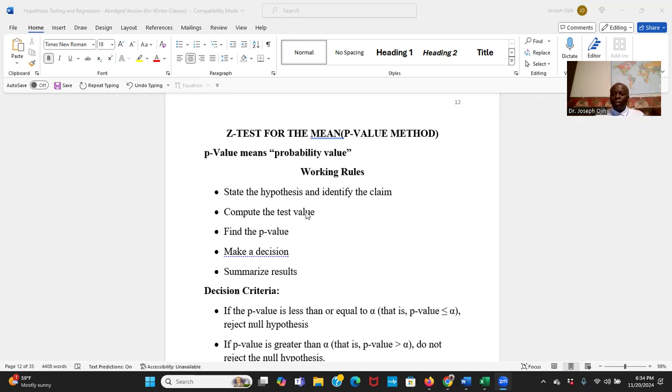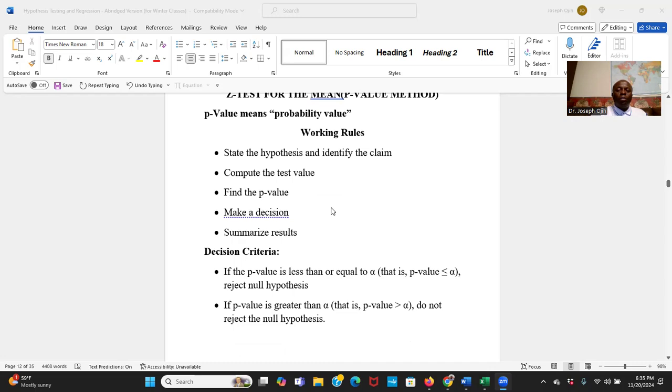So we state the hypothesis and identify our claims. We compute the test value. Then instead of finding the critical value, we find the p-value. Then we make a decision, then summarize our results. In the traditional method, we reject the null hypothesis if the calculated value is bigger than or equal to the critical value.